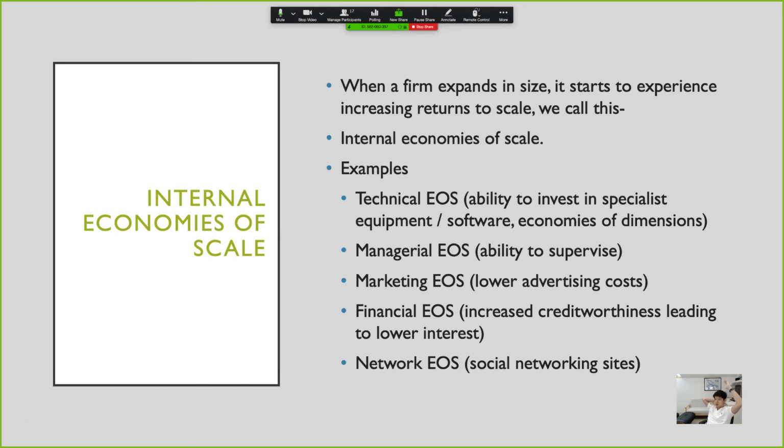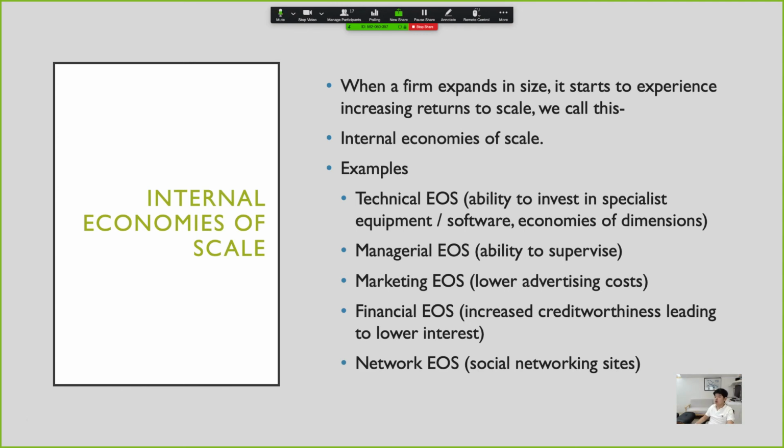Do you think BreadTalk is a big firm? BreadTalk owns Din Tai Fung, of course. What else does it own? Toastbox. So do you think BreadTalk is a big firm? How about Economics at Tuition Genius? Is it a big firm or a small firm? It's a small firm, right? So Economics at Tuition Genius is a small firm. BreadTalk is a big firm.